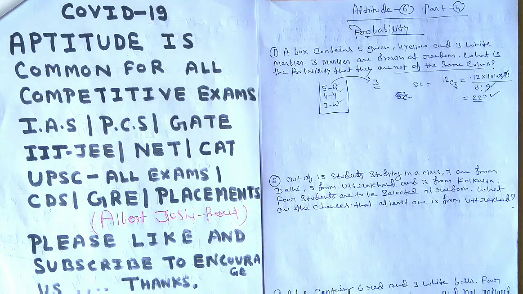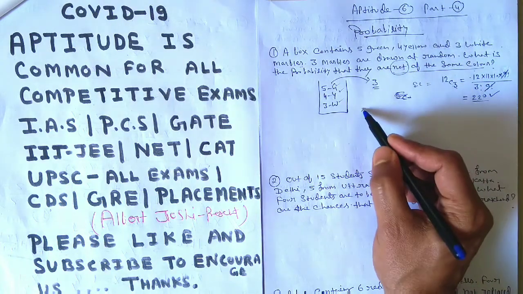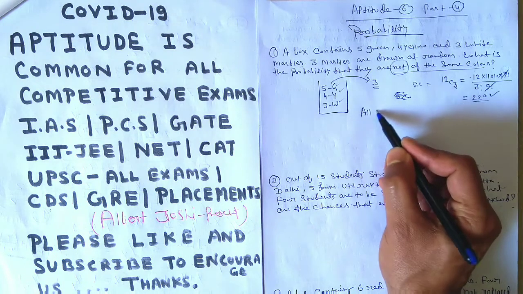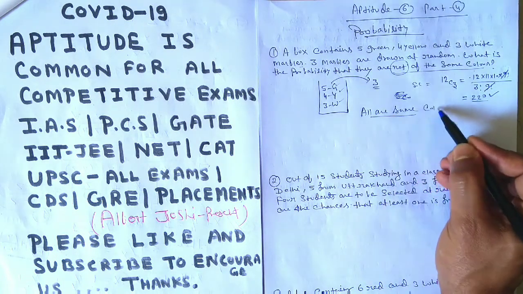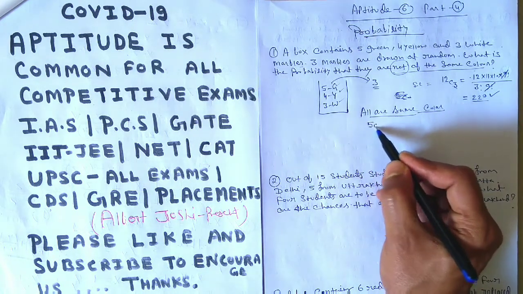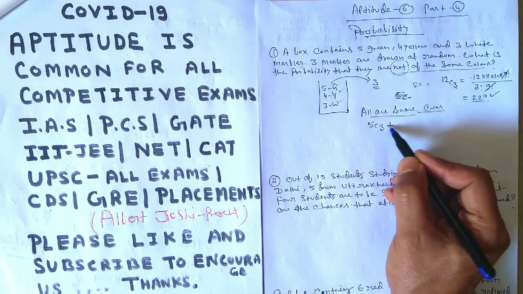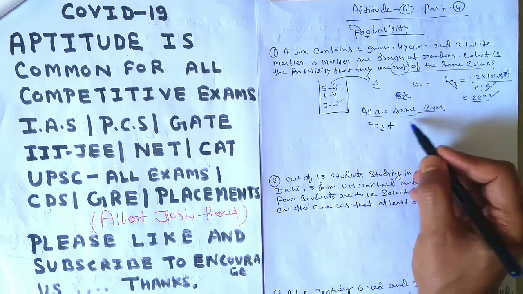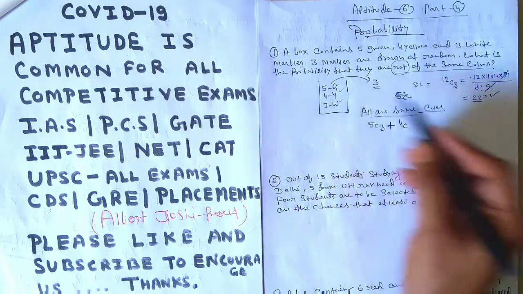Now, he is asking not the same color. If we think all are the same color, it means that either the color is green, or whenever there is an or, you have to add, or you have to select from yellow.